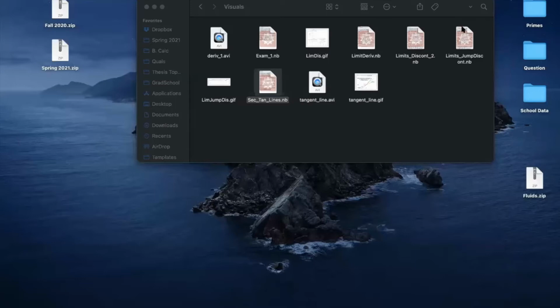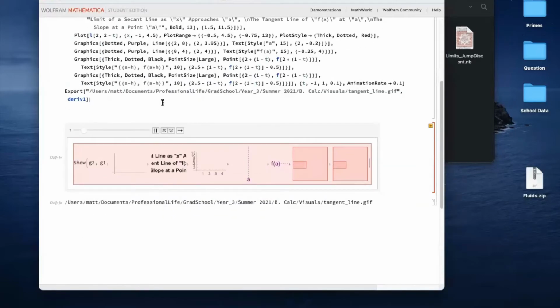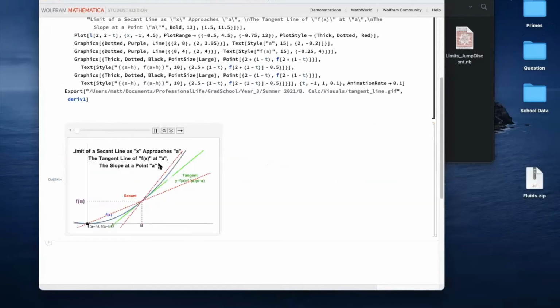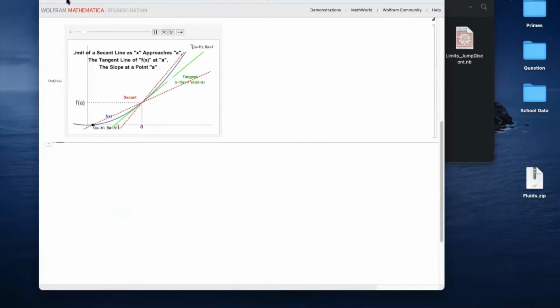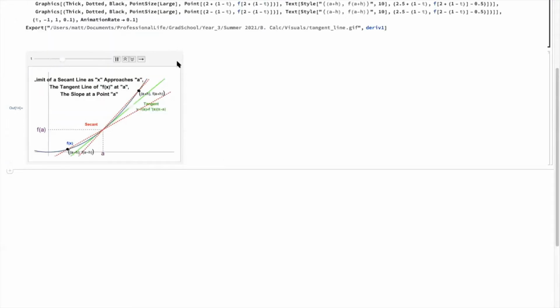Don't save. What we can think of this functionally looking like is like this. Please let me zoom in.